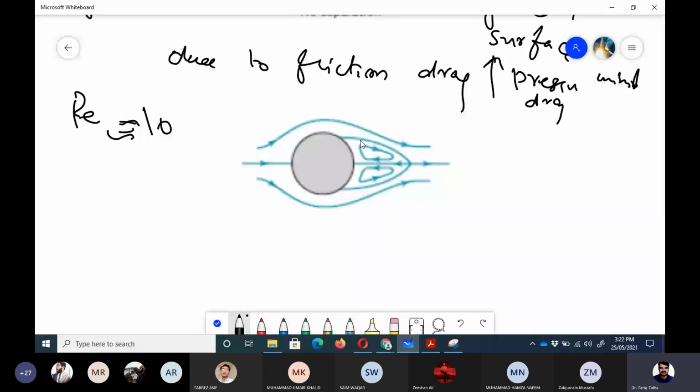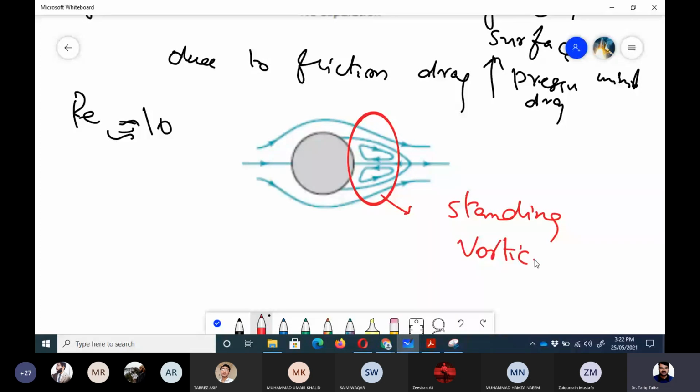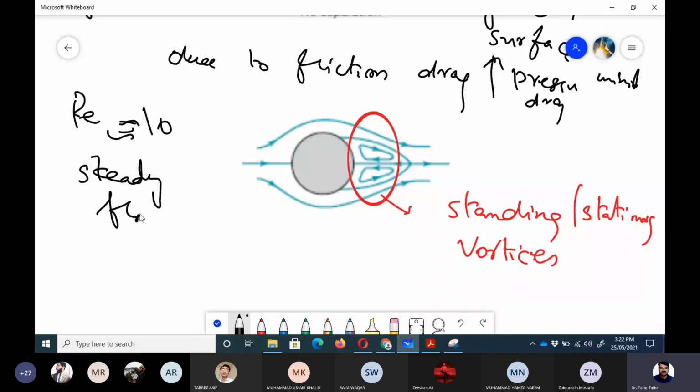So that is shown by this area. So these two vortices, we call them standing or stationary vortices. By stationary, it means that they are not going to move along with the flow. So they would be present all the time in the back region, and this is kind of steady flow. So it means that the flow pattern would remain the same.